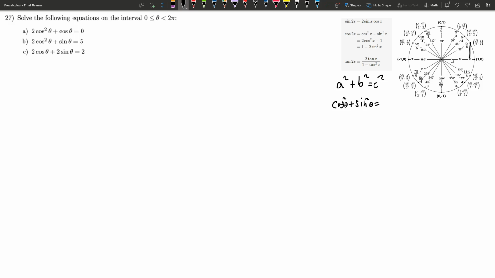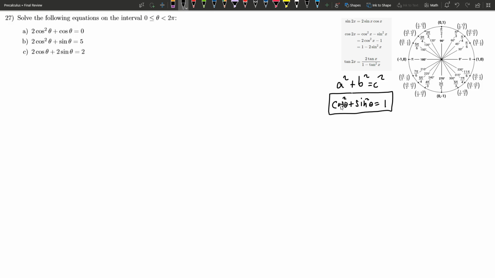This is my cosine, that's my sine. If you square this and square that, the Pythagorean theorem says that you will get the hypotenuse squared. Since this is a unit circle, I know my radius is 1. 1 squared is still 1, so I don't have to write the square there. This is the other identity that you should be fully aware of and know how to come up with.